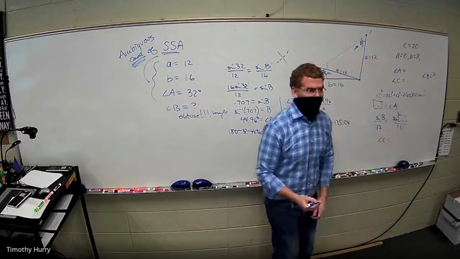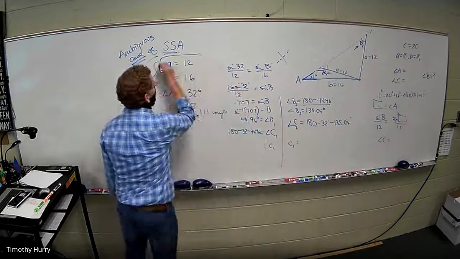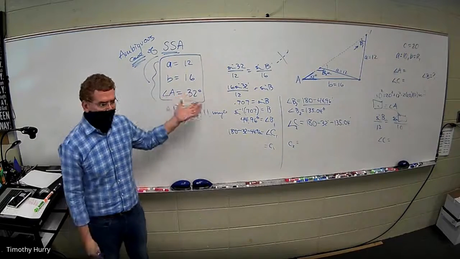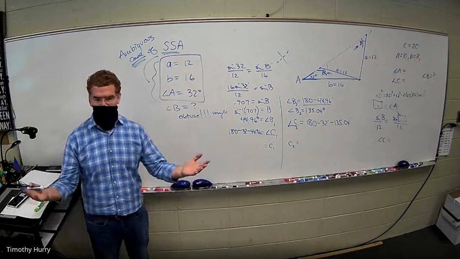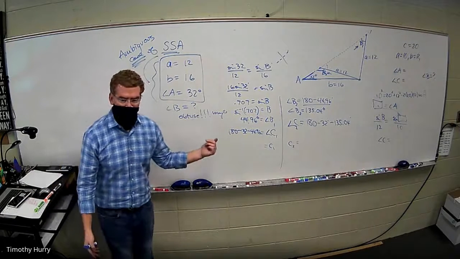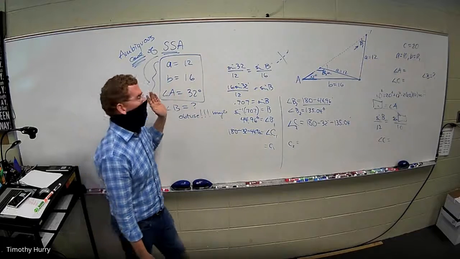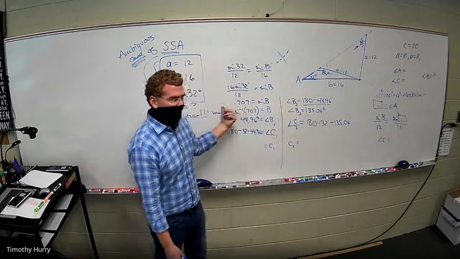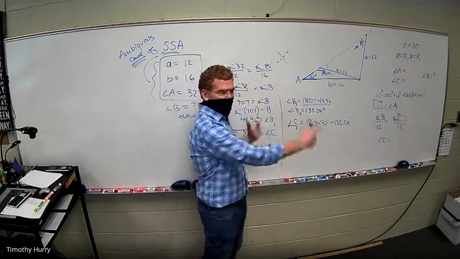Now, in an ambiguous situation like this, you can't avoid it. That's the only time you can't avoid it. And when you can't avoid it, guess what? Don't let it bother you. It just means whatever your calculator spits out, there's another triangle formed by its supplement. So write down the supplement, solve them both.